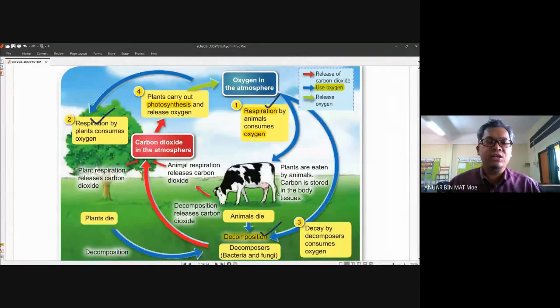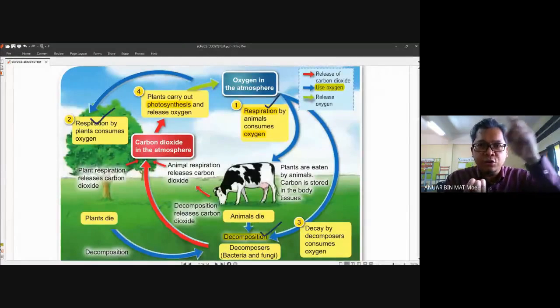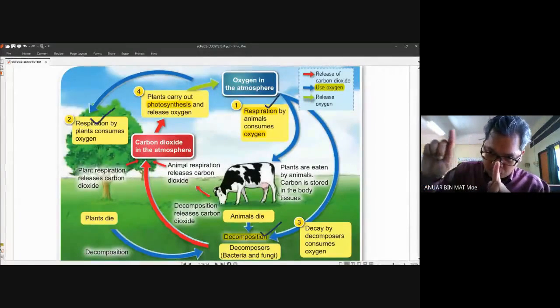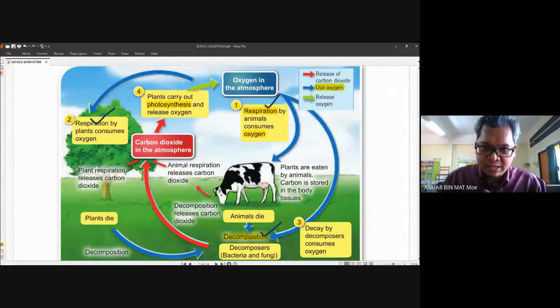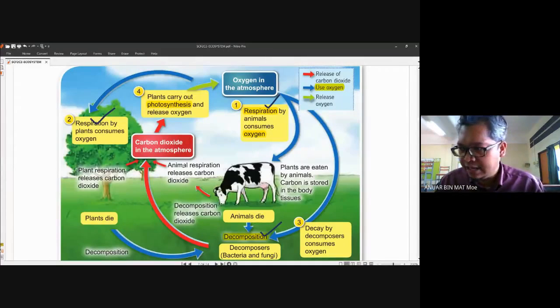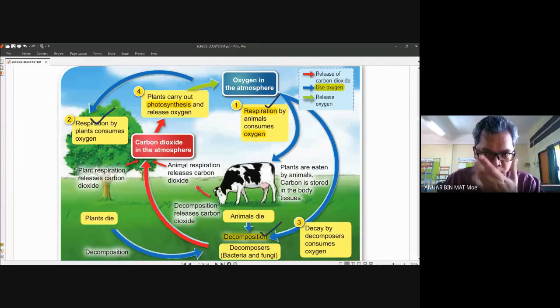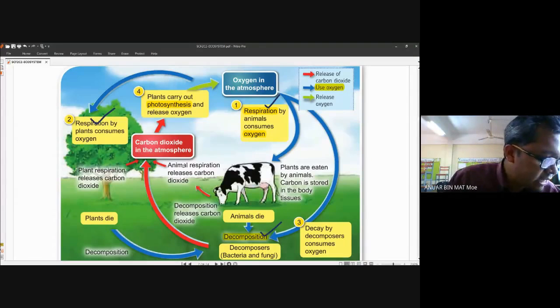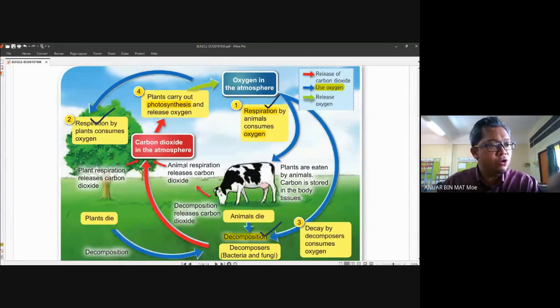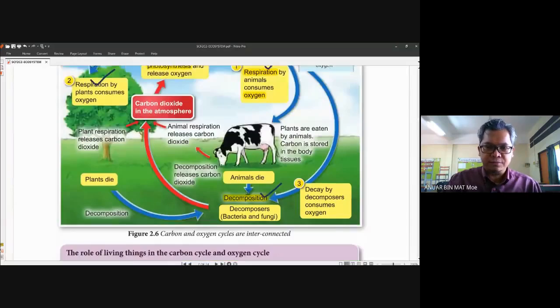Combustion. Yes, it is combustion. When you burn things, for example, you use flame, you use fire to burn things, it will use oxygen and then release carbon dioxide. Combustion is one of the processes. Rusting also, yes, rusting will use the oxygen. Okay, very good.